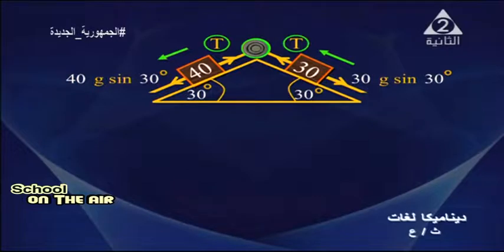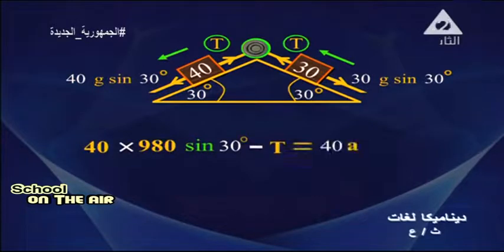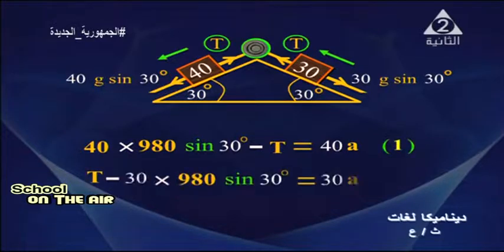Then the equation of motion is 40 times 980 times sine 30 minus T equals 40a for the first body, and for the second body, T minus 30 times 980 sine 30 equals 30a. 40 is bigger than 30, so the mass of 40 gram moves downwards the inclined plane, and the mass of 30 gram moves upwards the inclined plane.